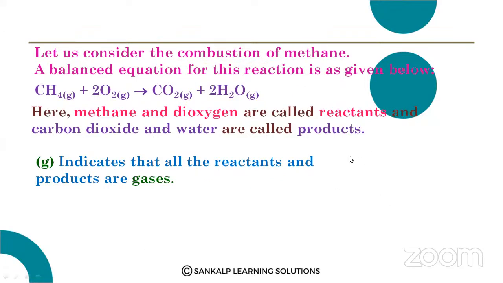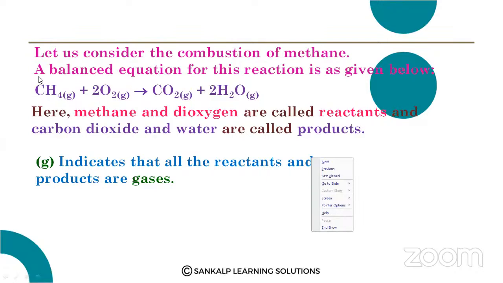Here what you can see, 1 mole of methane. Here 1 mole of methane reacts with how many moles of oxygen? How will you call out this reaction? 1 mole of methane reacts with 2 moles of dioxygen to give you 1 mole of carbon dioxide and 2 moles of water. When you are calling out the reaction, it is according to the chemical reaction.